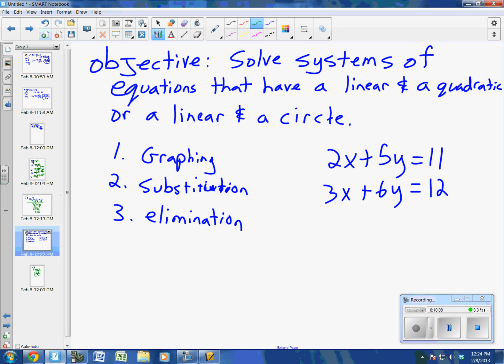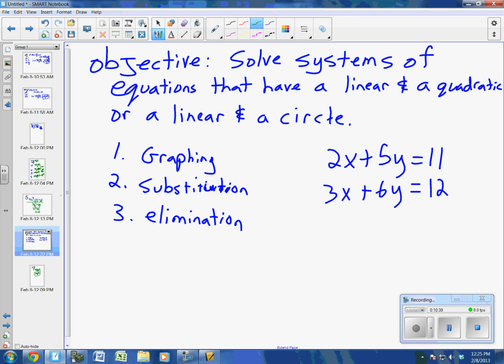Now, if you solved it by graphing, what are you looking for when you're solving it by graphing? No, you're not looking for slope. Think about it. A system of equations is, we want to know the x and y coordinate that will satisfy both equations at the same time.